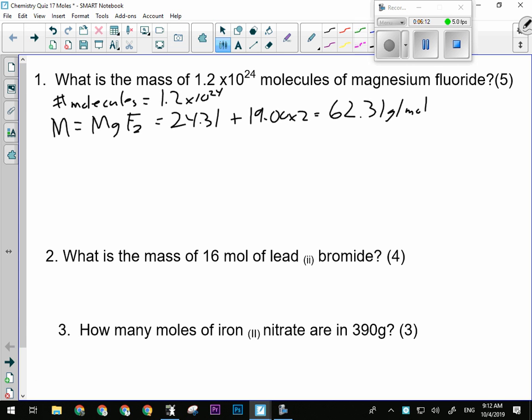Grams per mole. Now that we know that, we can use the number of molecules to help us find n. We're going to take the number of molecules and divide that by Avogadro's number, and that'll give us our number of moles, because Avogadro's number is the number of molecules in 1 mole.